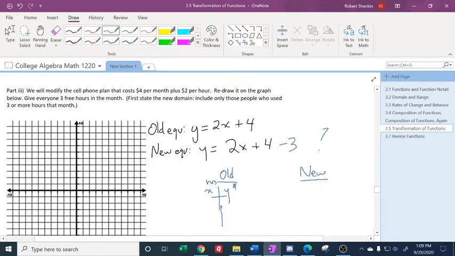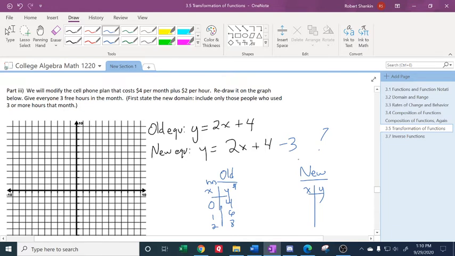If I did 2x plus 4, if you did 0 hours, it cost you $4. If you did 1 hour, it cost you $6. If you did 2 hours, it cost you $8. The new, we're going to give everyone 3 free hours.